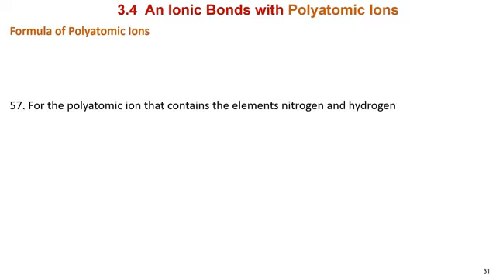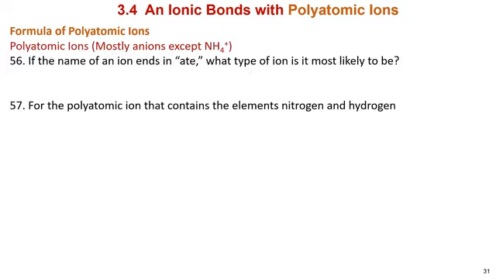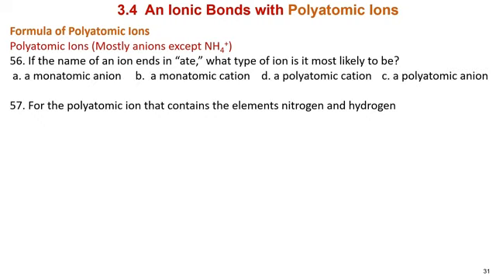The name of the ion ending in ate is most likely sulfate, phosphate, carbonate. These are polyatomic anions. So polyatomic anions is the correct answer. Sulfate, nitrate, phosphate, carbonate. Only ide means hydroxide, polyatomic.